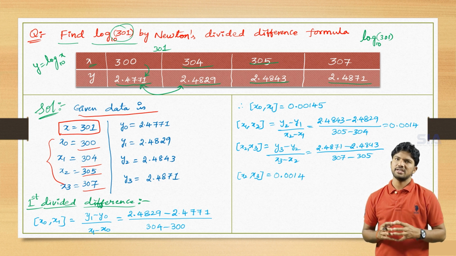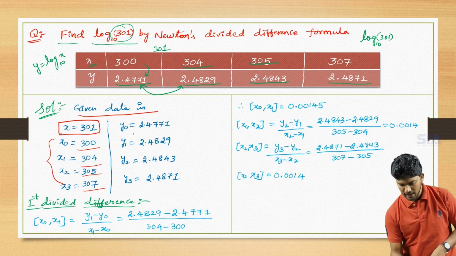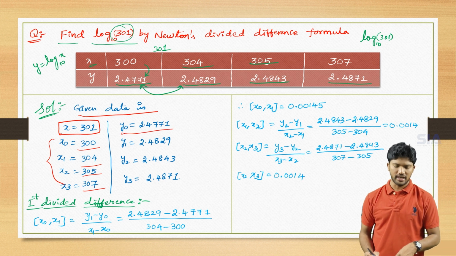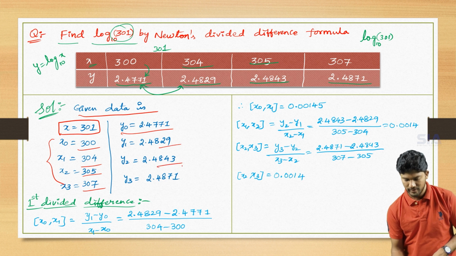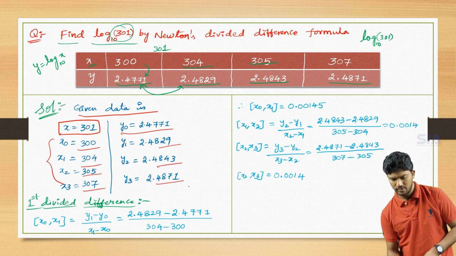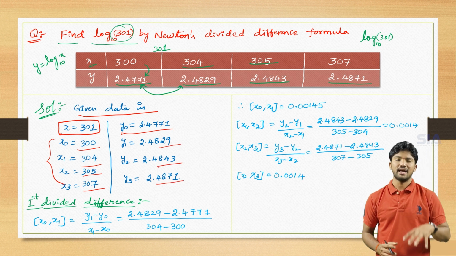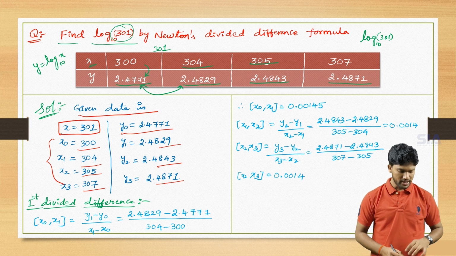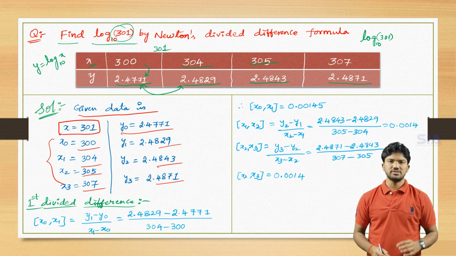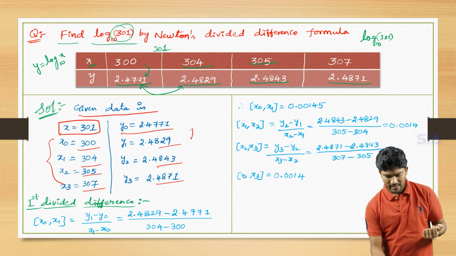The corresponding values for x0 is y0, for x1 is y1, for x2 is y2 and for x3 is y3. These are the corresponding logarithmic function values. With the help of these values we have to find out the log 301 value.